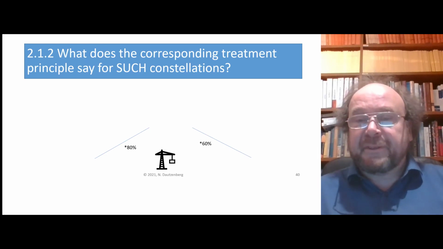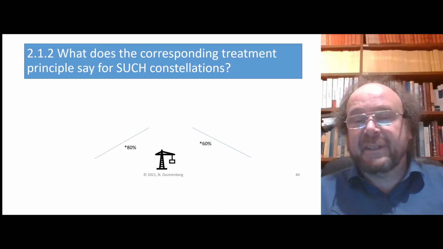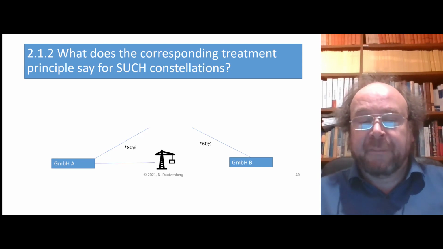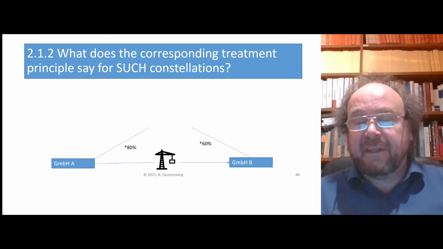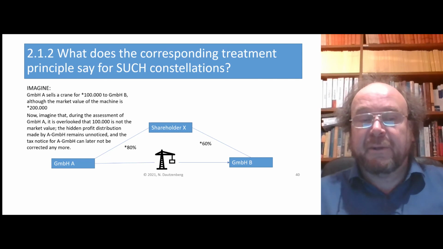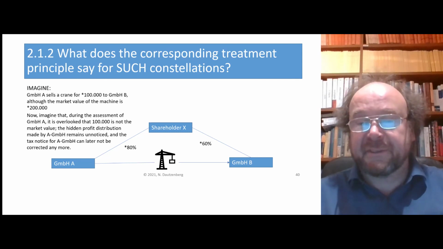What does the corresponding treatment principle say for such constellations? Now it gets really nasty. Again, A and B. A sells now a crane to B for a price of 100,000 instead of 200,000. We have now hidden profit distribution.